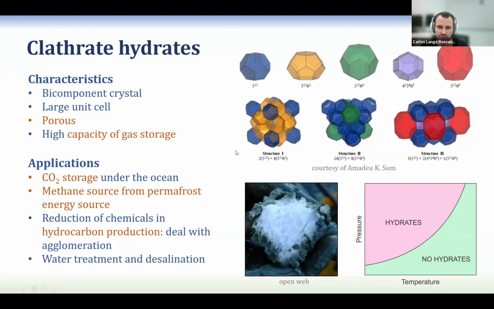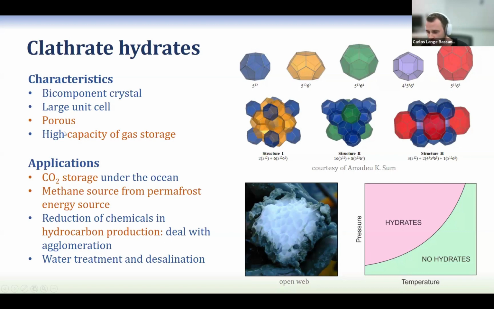Depending on the types of cages, we form different crystalline structures, right? So this is a very complex system. I mean, this unit cell is very large, composed of many atoms. It is a big component made of a gas and a host molecule. It usually forms a porous medium.